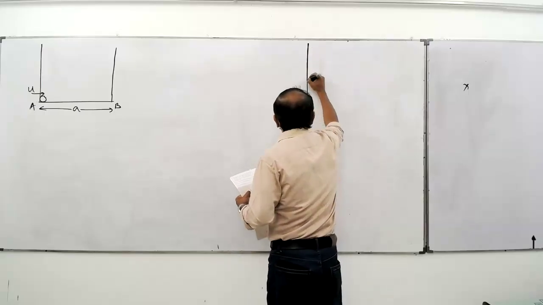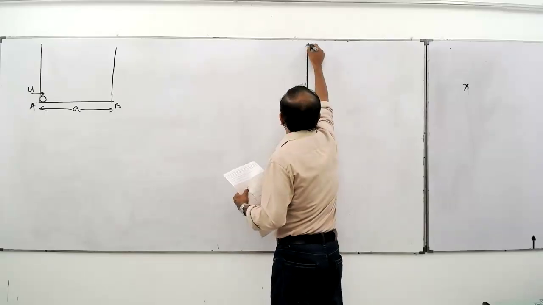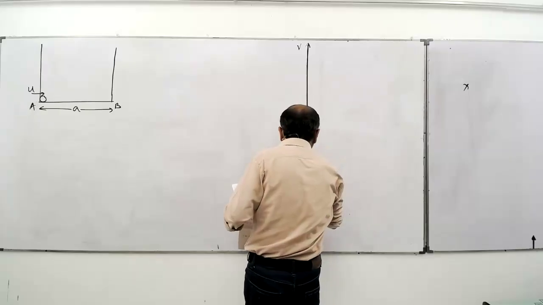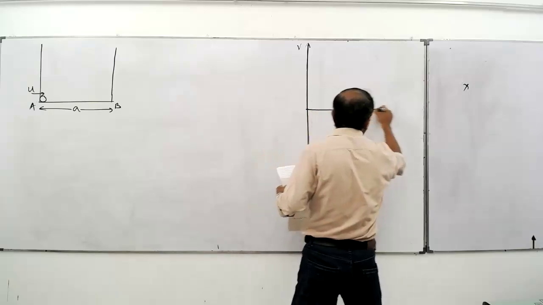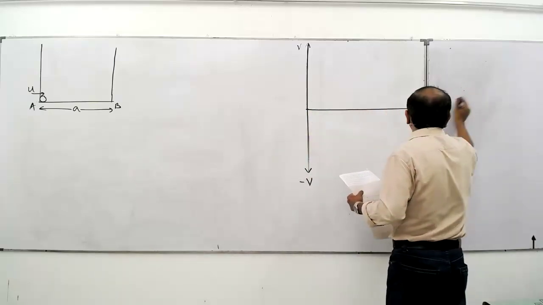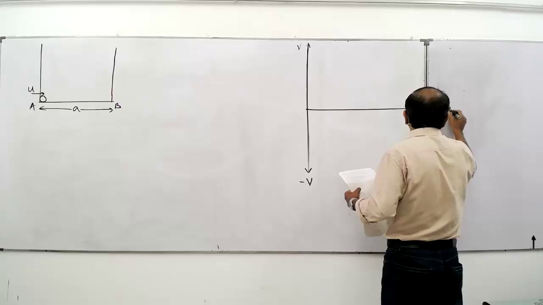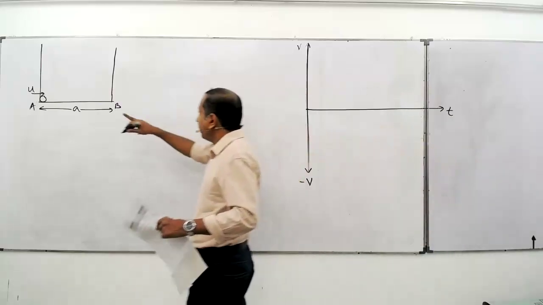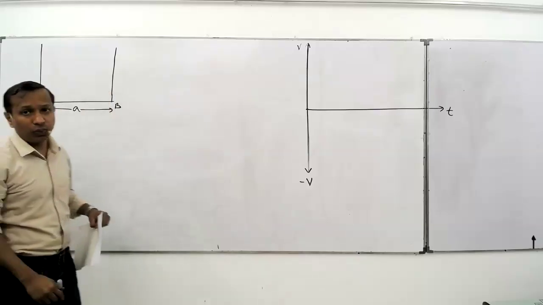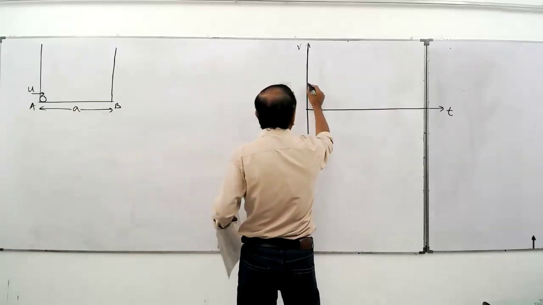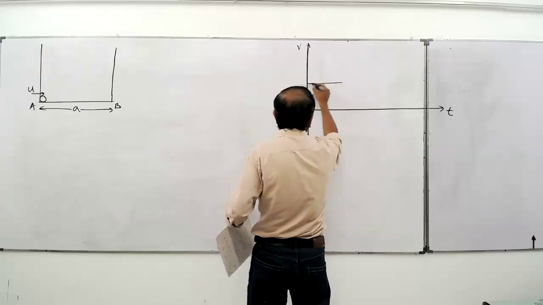This is the negative velocity axis. This is the time axis. Okay. From here, constant velocity u, then we get a constant velocity line like this.